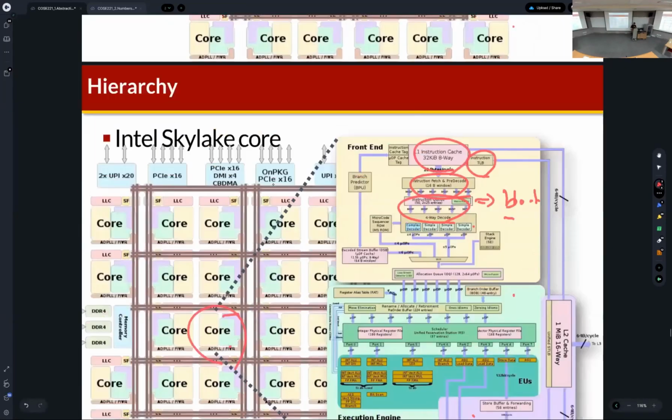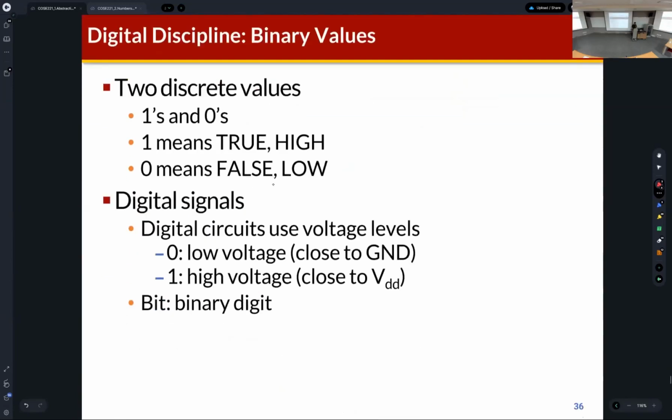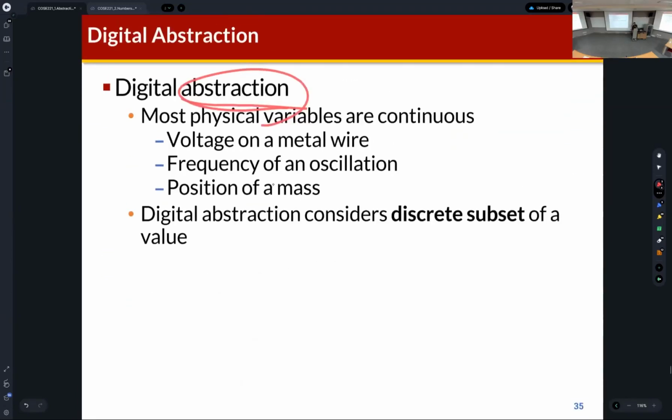So what is the digital abstraction? Even though our real world signal is an analog signal, this is just a promise, or a protocol.